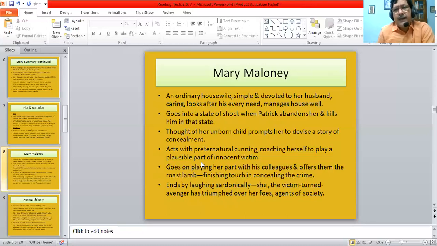When we have her colleagues coming to do the detection, she goes on playing the part with Patrick's colleagues, and again she plays the role of tearful and shocked wife absolutely perfectly. And she also doesn't forget to play the role of hostess.